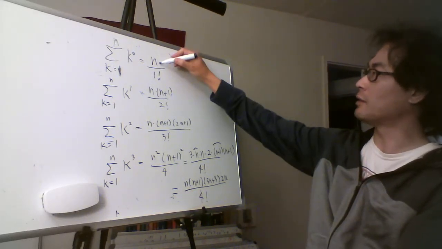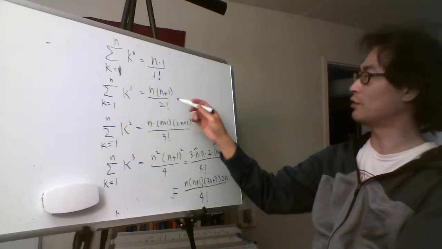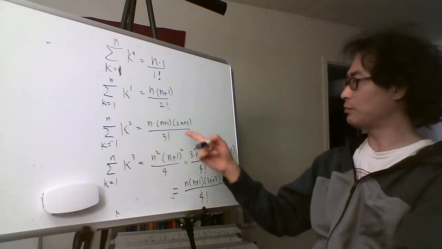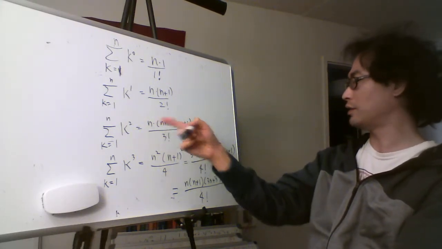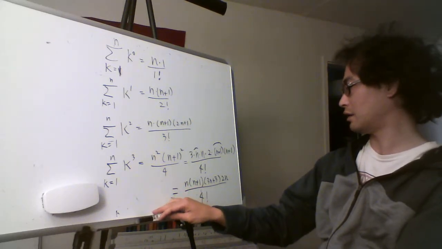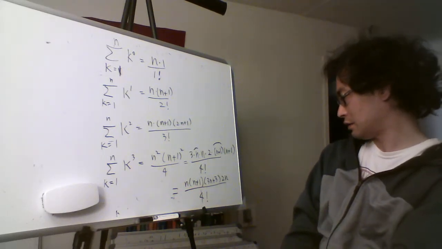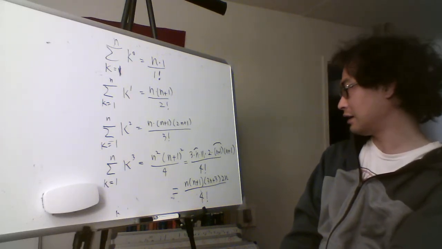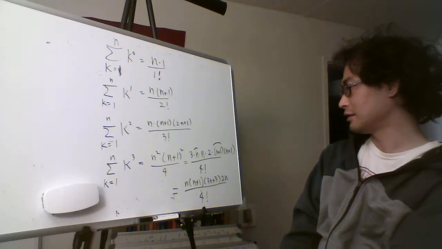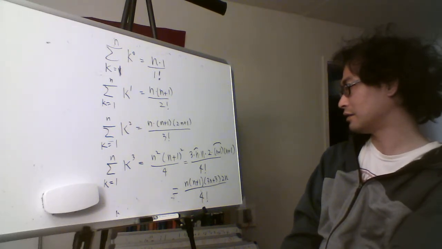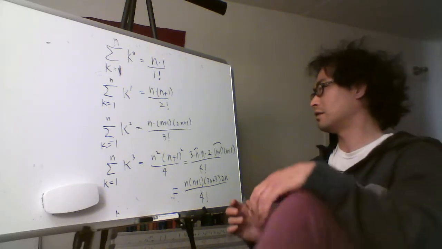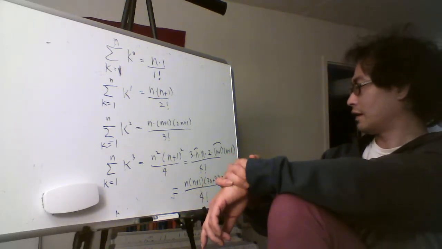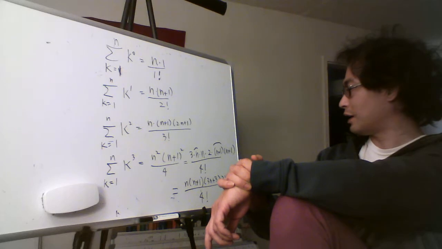This is n times 1, right? So n plus 1, 2n plus 1 is adding the 2 previous guys. I'm not quite getting it. I'm sorry.